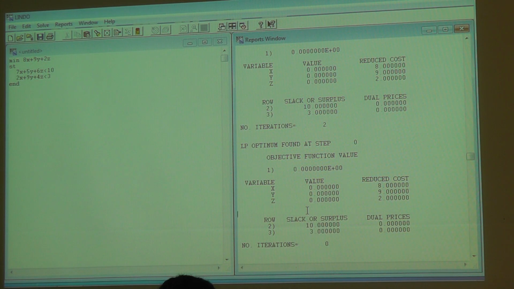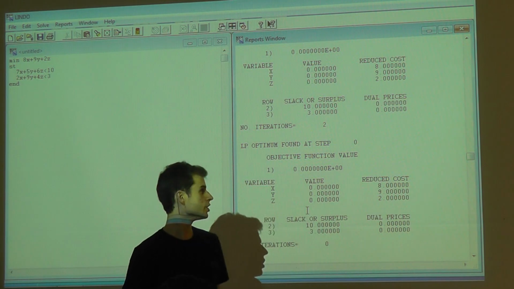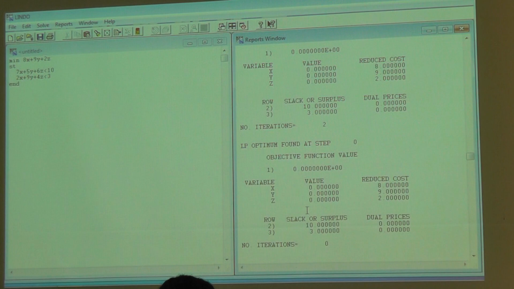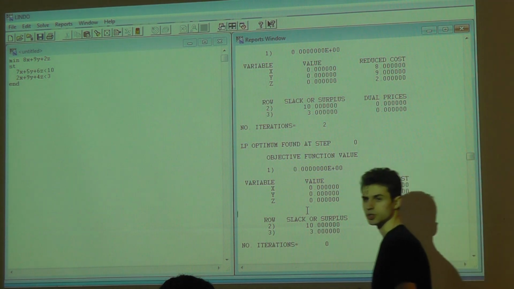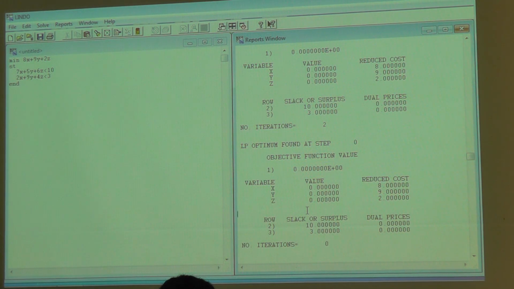And the totals available are 480 units of wood, 360 units of metal, and 260 units of labor. And the question is, what is the optimal production mix? Which means, how can you maximize the profit? So, instead of solving it using the simplex algorithm by hand, let's solve it using our LINDO program.